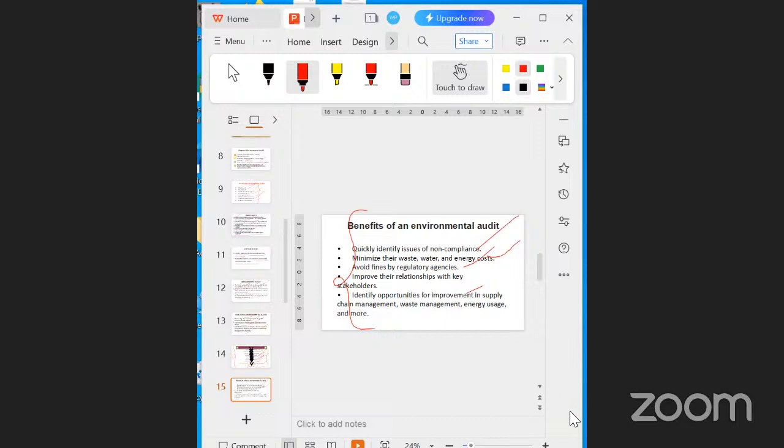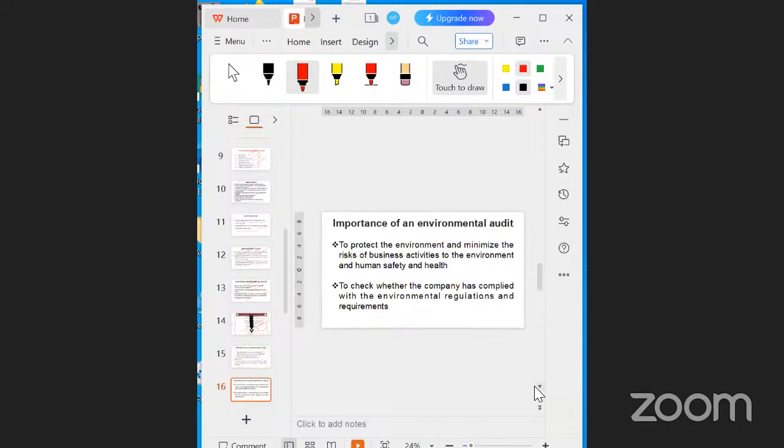And next we are going to importance. So what is the importance of an environmental audit? Right? So in a broad sense, environmental auditing aims to help protect the environment and minimize the risk of business activities to the environment and human safety and health.